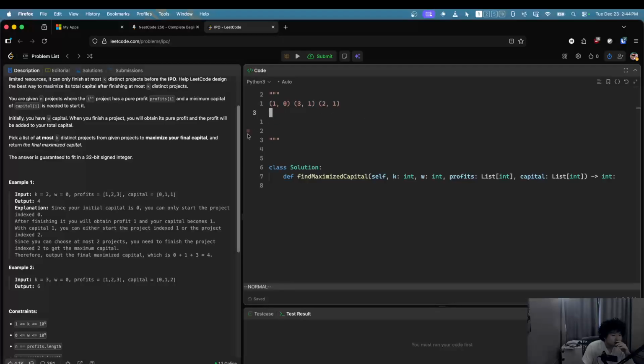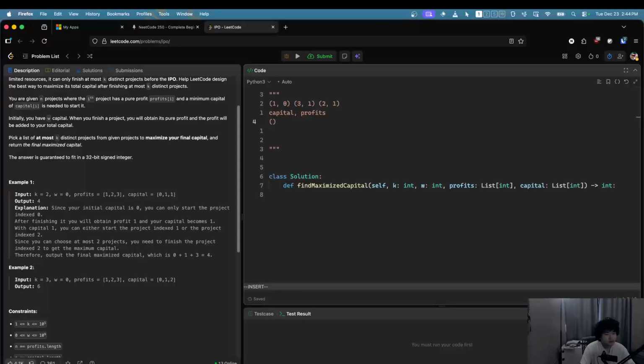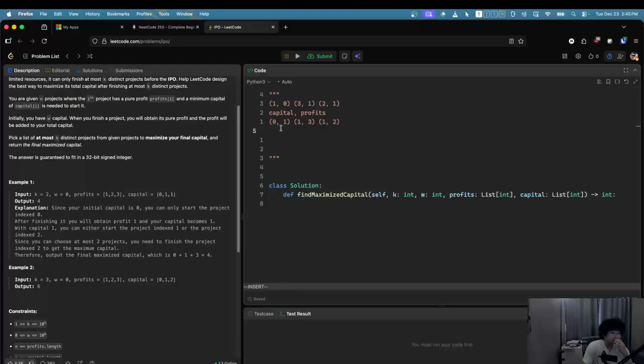The first two are sorted, so I'll put capital, then profits: 0, 1. If you have a minimum capital of 1, then you can have a profit of 2. But actually, we want to put 3 first, then minimum 1, because I want to take what I can take with this one, but maximally. So how would I sort it like this? Let me do some experimentation here.